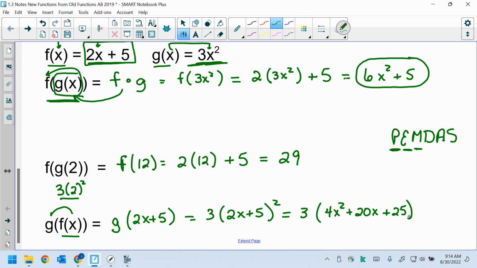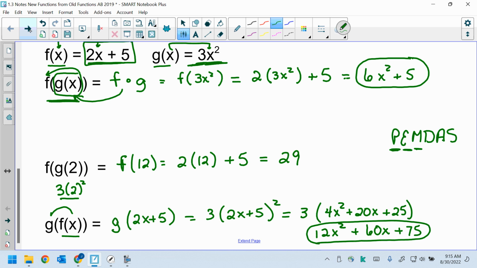And if I multiply that correctly, I think I'm getting 12x squared, I think we're going to get 60x, and I'm hoping we come up with 75. So composition of functions is going to be an important topic throughout the entire first semester.